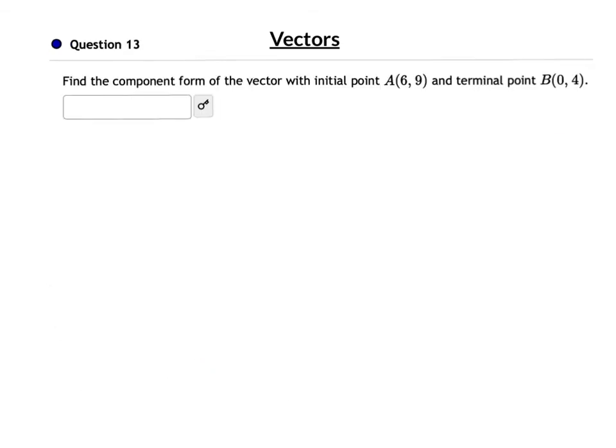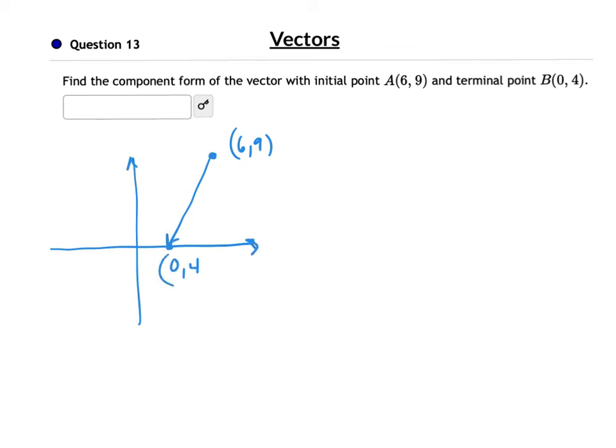Find the component form of a vector with initial point at (6, 9). So I have a coordinate grid somewhere, and I'm over 6, up 9. This is the initial point where we're starting, and a terminal point of (0, 4). So somewhere on the axis is where we're ending, and that is the point (0, 4).